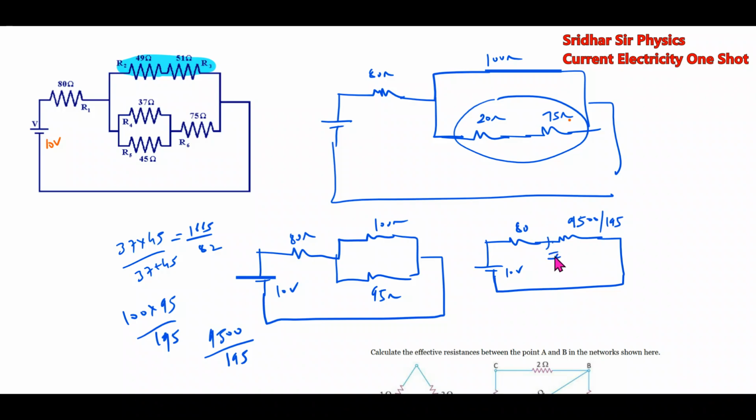Okay, fine. So like this we can calculate the current. Again, how are these two? They are in series. That's the basic idea, series parallel. You should be very perfect in exam.